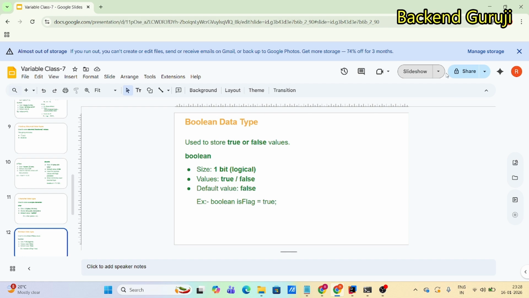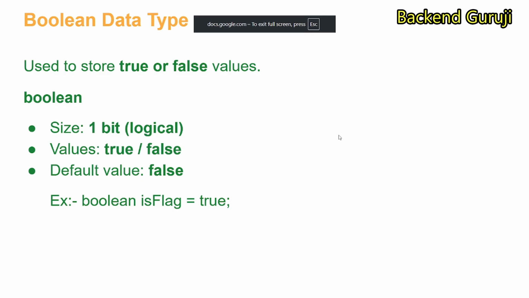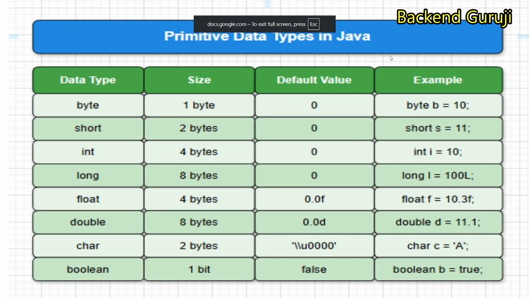Next point is our primitive data types, sizes and examples. Data types: byte, this is an integer data type. This much only: byte, short, int, long. Then byte size will be 1 byte. Short will be 2 bytes. Default value will be 0.